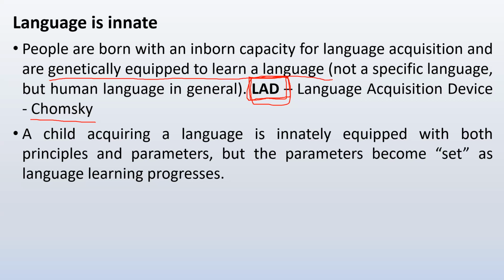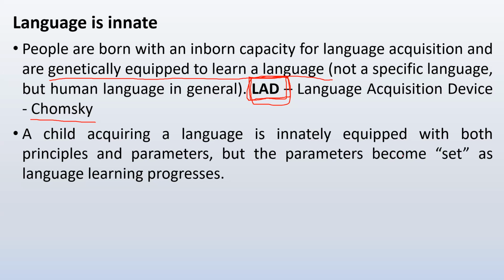But we are not talking about learning a specific language. It's not like a baby is coming to this world with the ability to learn Sinhala only, or with an ability to learn English only, nothing like that. With an ability to learn any language. Depending on the environment after the birth, that language will be decided. And that can be done because of the availability of LAD, as introduced by Chomsky.